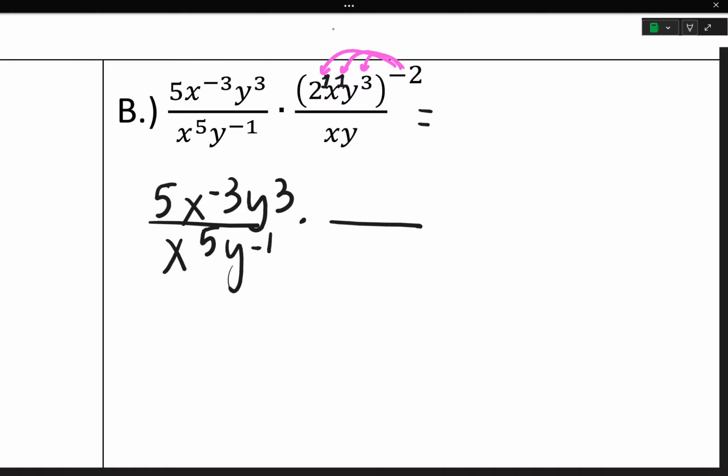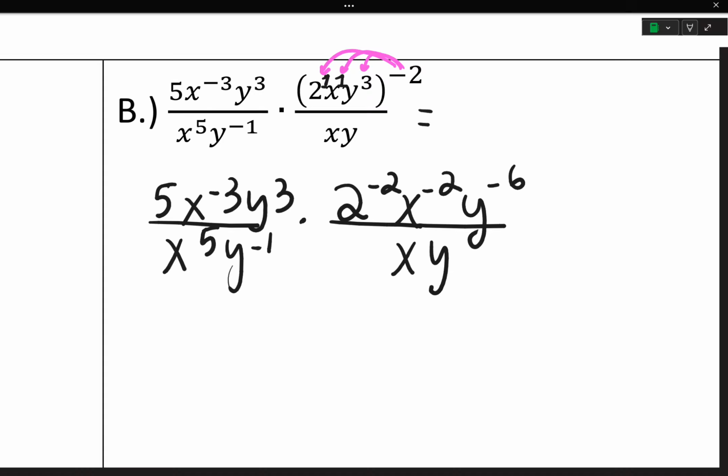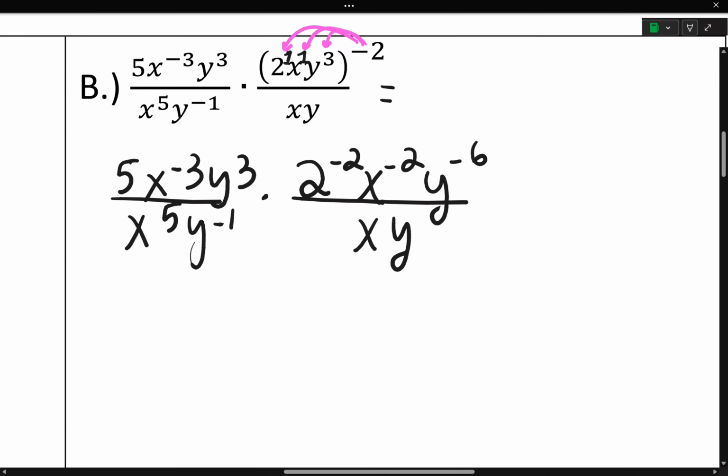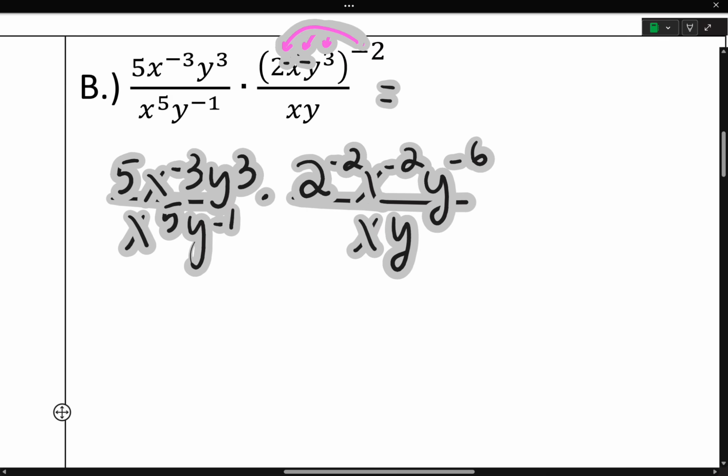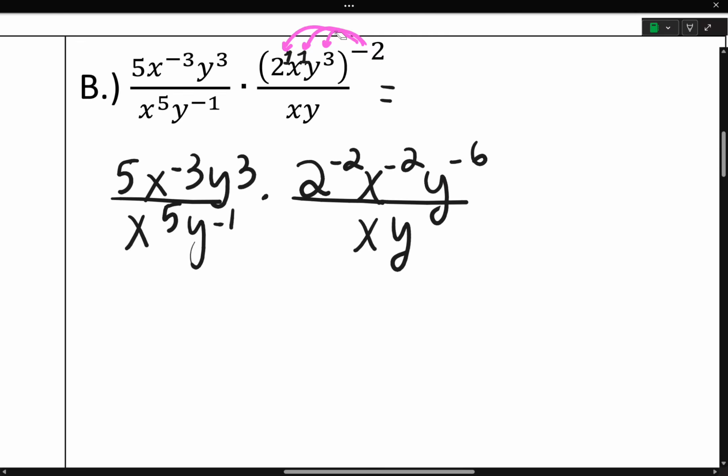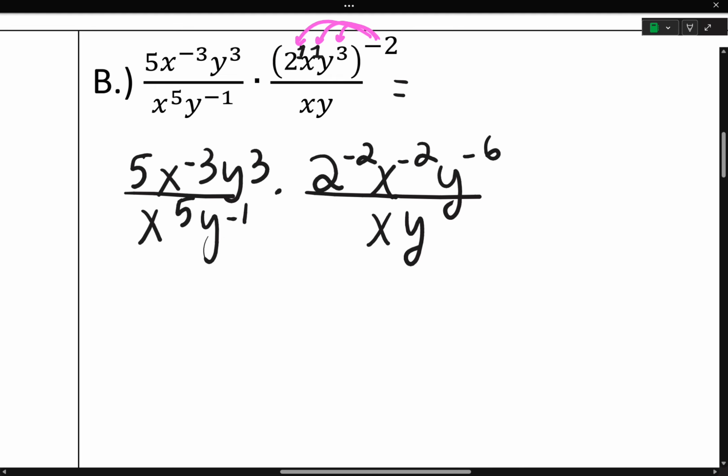The second one, we end up with 2 to the power of negative 2, x to the power of negative 2, and y to the power of negative 6. The bottom stays the same. All right. Well, I've got negative exponents here, but first let's rearrange things, and then we'll see where we go from there. Then we can flip or add or subtract, but first let's rearrange.